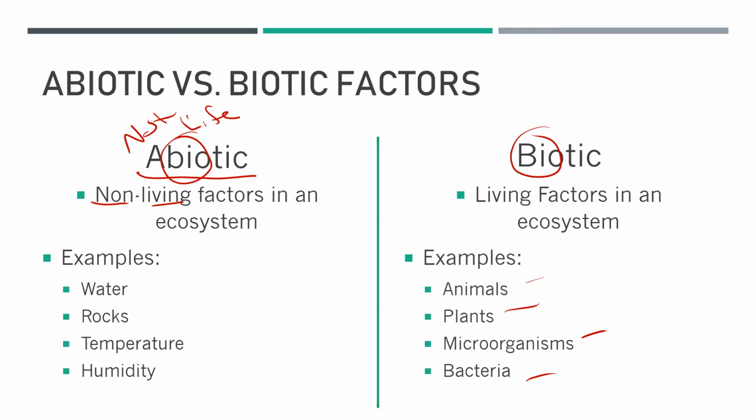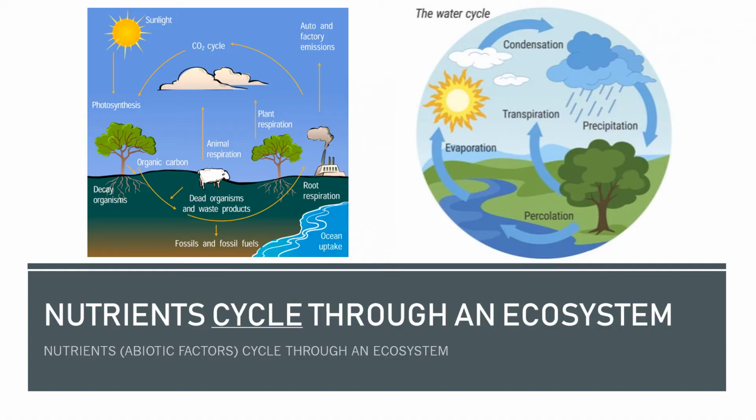So anything that has or does cell respiration, has a mitochondria, is consuming food or making its own food in some way. So anything that is alive versus anything that's not alive. These two things work together to form the ecosystem. So abiotic versus biotic is the number one foundation for what you need.